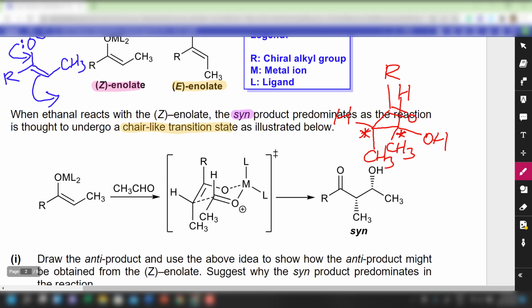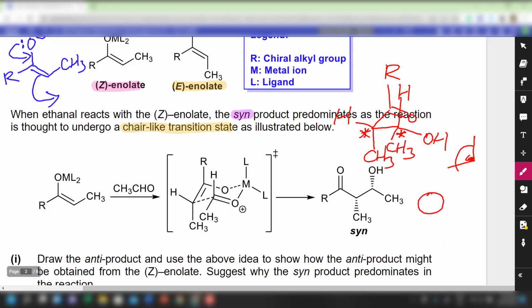Right now, I'm going to draw a Newman projection on this. If I'm going to draw a Newman projection, that means I'm going to put my eyes over here, and you will be able to see what I want you to picture and how it ends up with the syn. So I'm going to have a circle here.